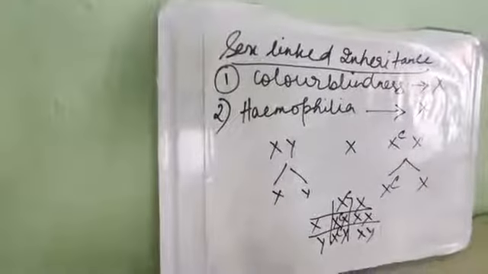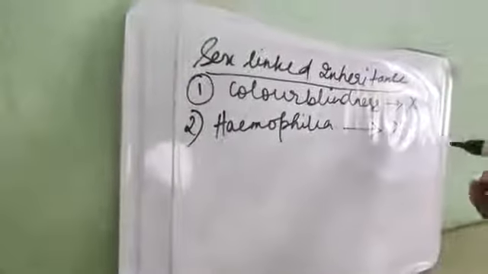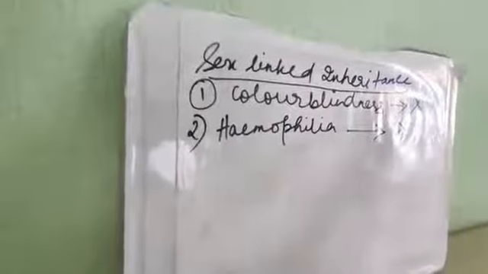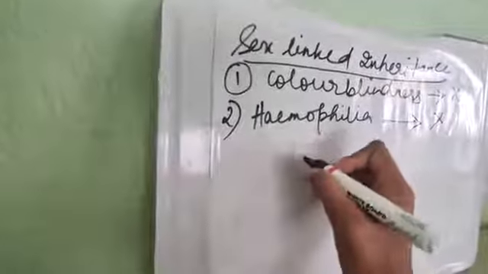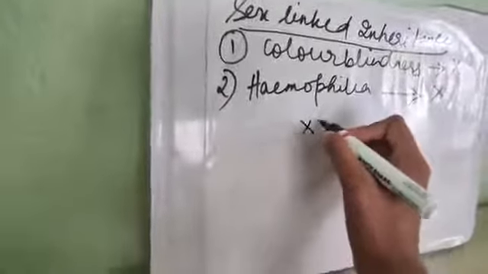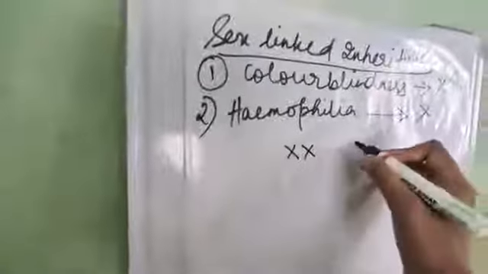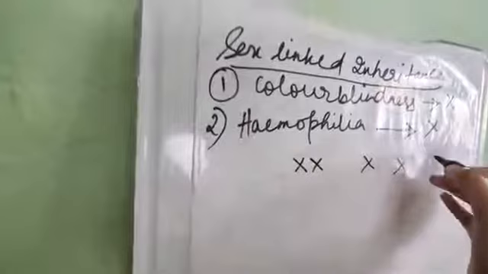Next we will go on to the cross of the hemophilia. In case of hemophilia, the affected gene will be represented as small h, as in case of color blindness, the affected gene was represented by small c. In this case the mother is normal, that means XX, but the father is hemophilic, that means XHY.